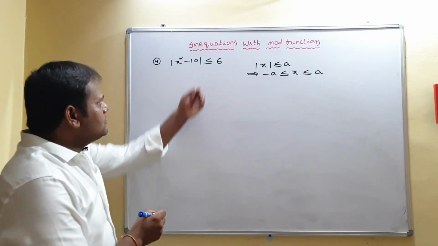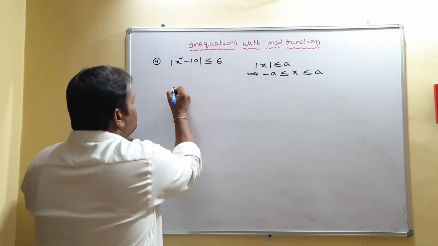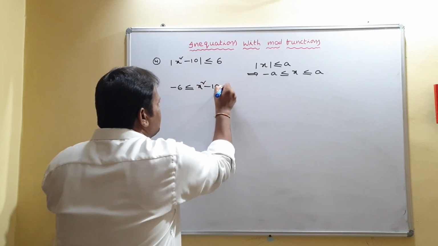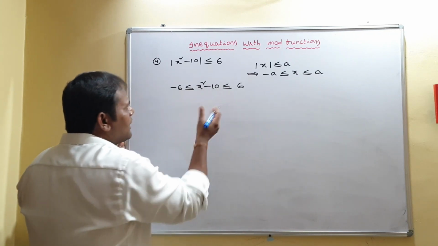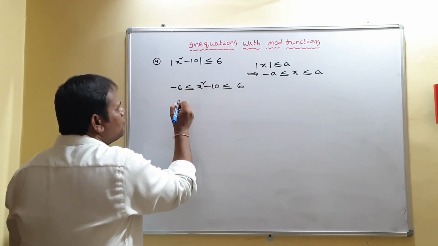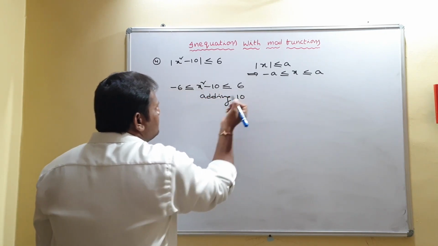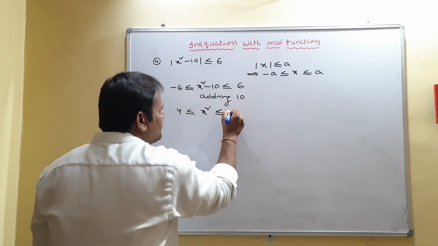So here I can take minus 6 less than or equal to x square minus 10 less than or equal to 6. Now you have to get the x value. So add 10 to this inequation. By adding 10, we get 4 less than or equal to x square less than or equal to 16.